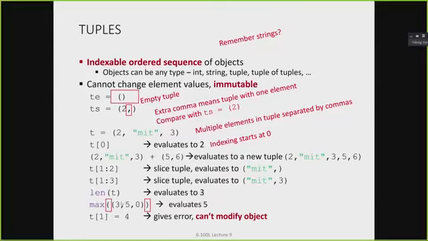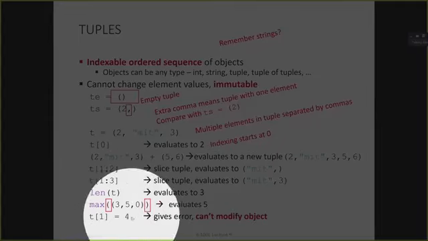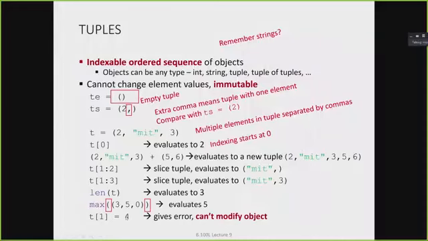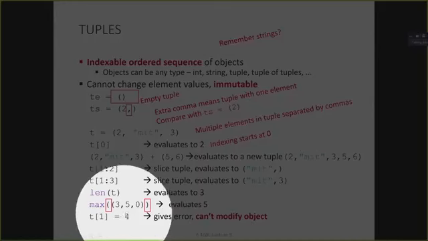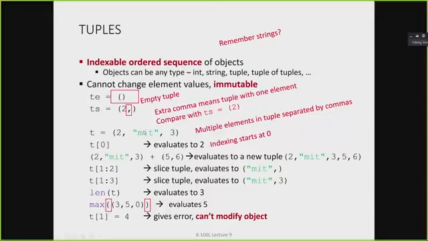And then the last bit here is something that we're going to see that's different with lists in next lecture, not today. But basically, you might think that once you create this tuple object in memory, right, that has 2, MIT, 3 as its 3 elements in it, you can go into memory and modify one of the elements, right? Like if I don't want the middle one to be a string, I want it to become an integer, you might think that you should be able to change it. You can with lists, as we'll see in the next lecture, but you cannot do this with tuples.